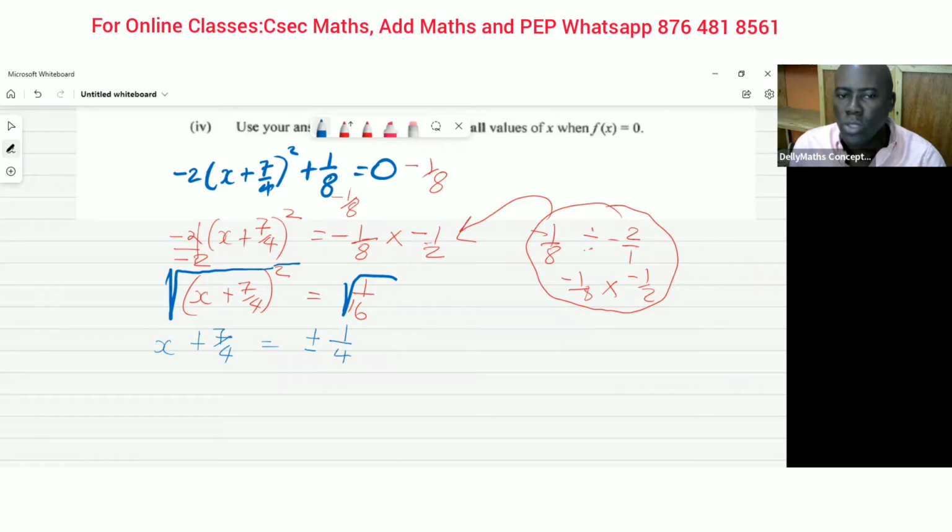Because the square root of 1 is 1, the square root of 16 is 4. So that's what we have there. Now we're going to be subtracting 7/4 from both sides.